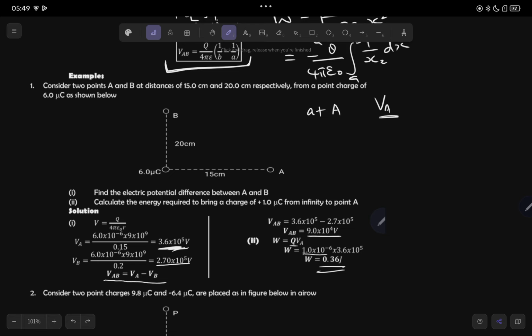But if it is any other charge Q, to bring it from infinity to A is the potential energy at A, which will be that charge you have brought times the electric potential at A.